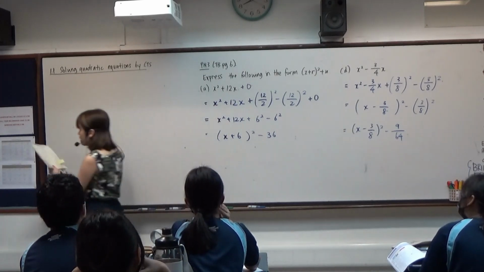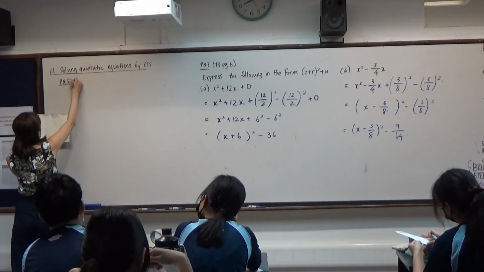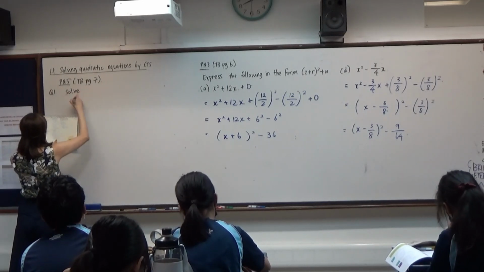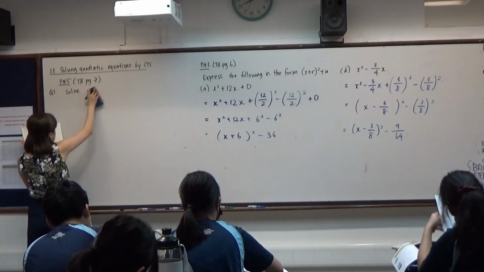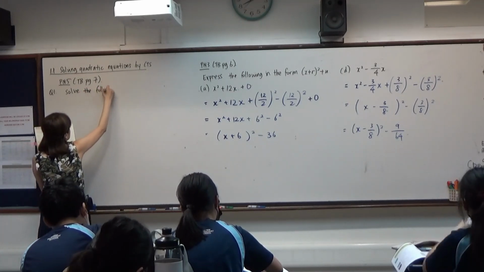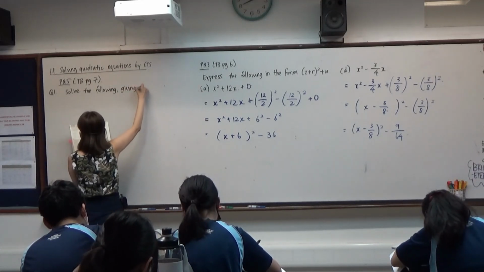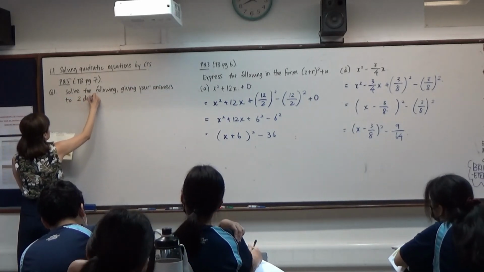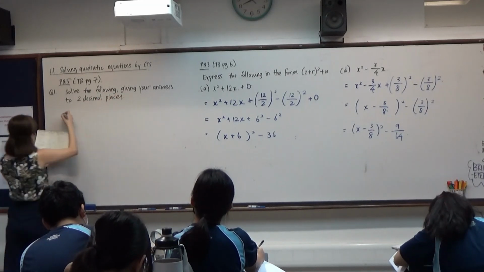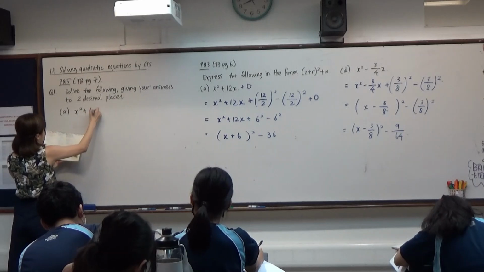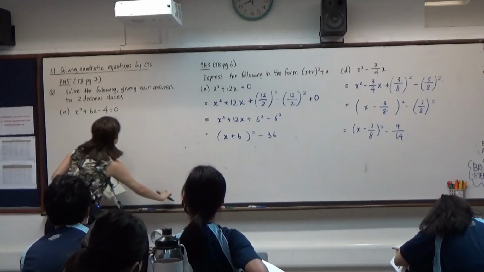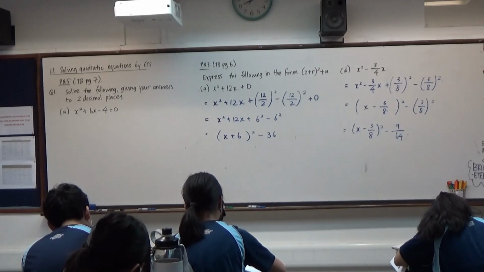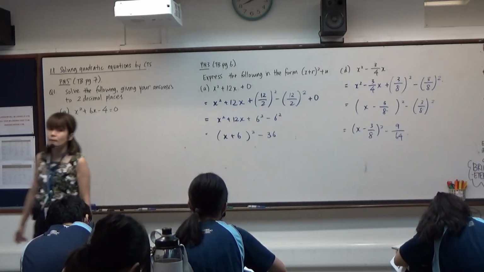So let's take a look at our Practice 5, question 1, part A. This question, we cannot factorize the given expression, so what we need to do is apply our completing the square.